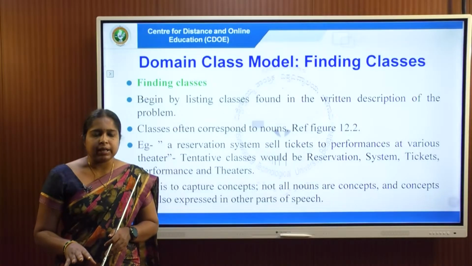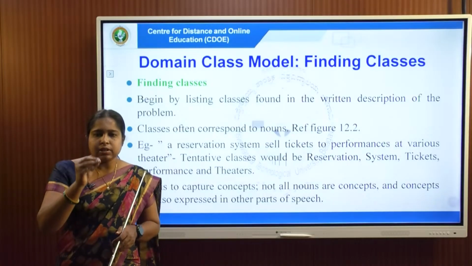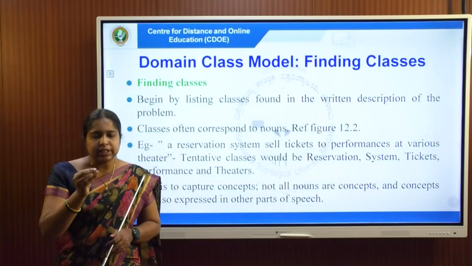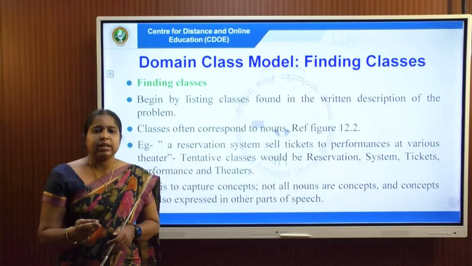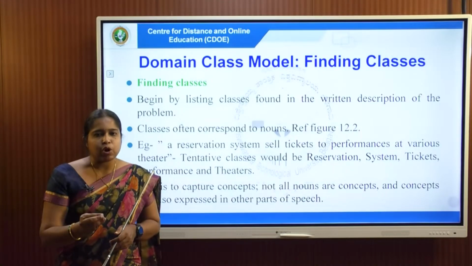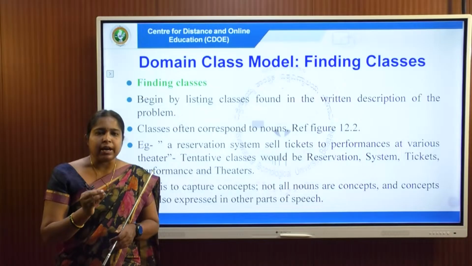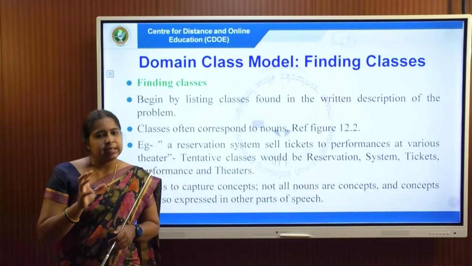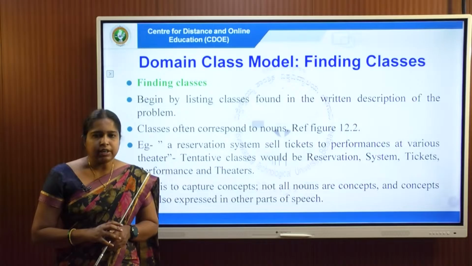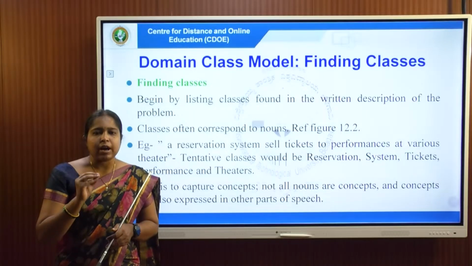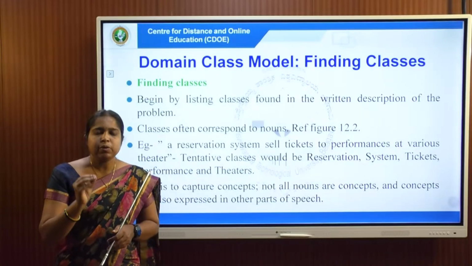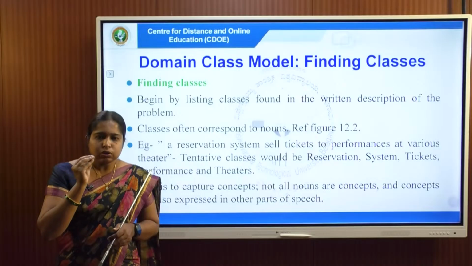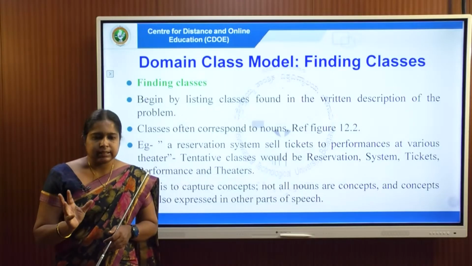Classes are nothing but nouns. Whatever description we have written as the problem statement, from it please identify the nouns. Got it? Nouns are nothing but classes.